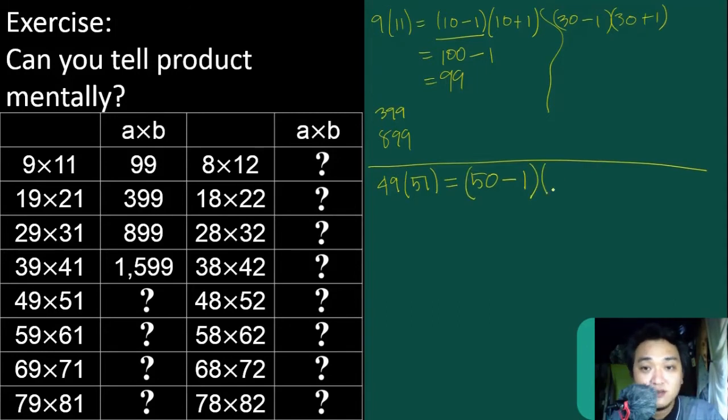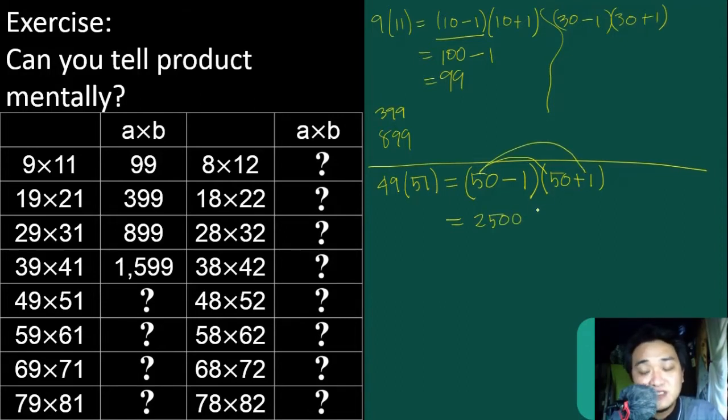So again, if you have 49 times 51, kukunin nyo yung decrement ni 49, that would be 50 minus 1, and then kukunin natin yung increment ni 51, that is 50 plus 1. If you insist to use the distributive property, ang mangyayari niyan, 50 times 50, that is 25, tsaka dalawang 0, that is 2,500.